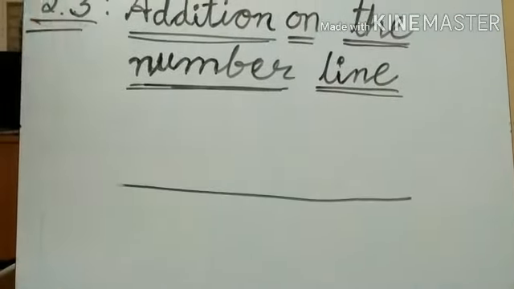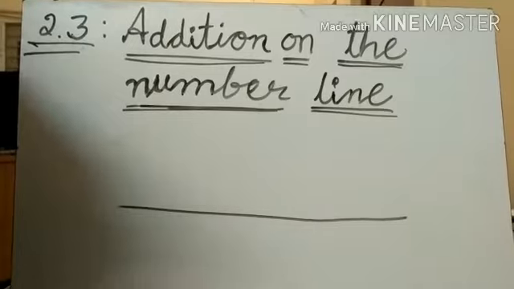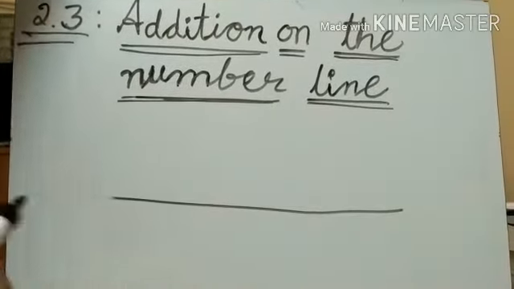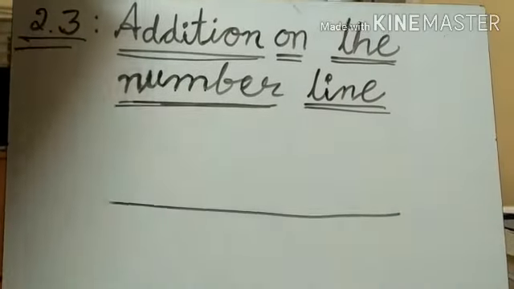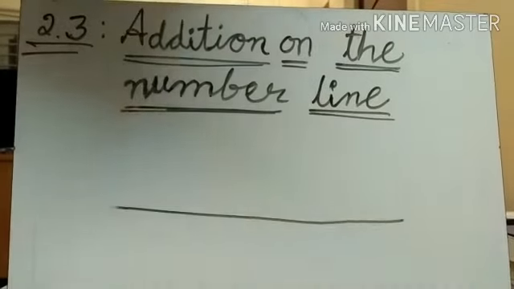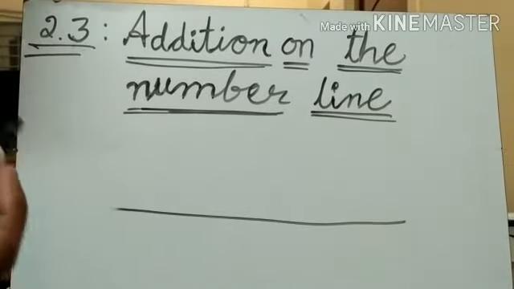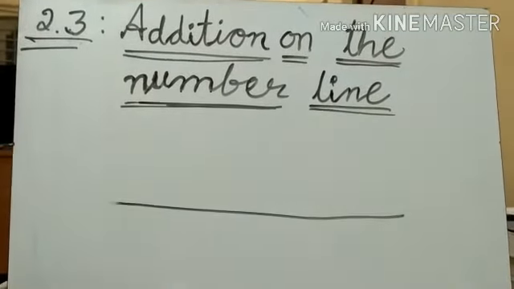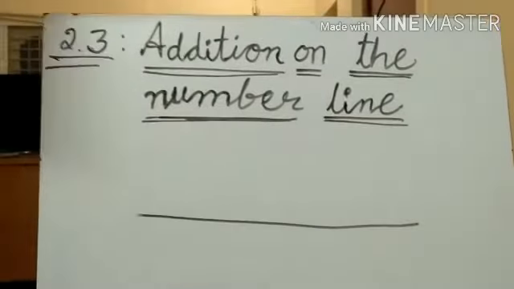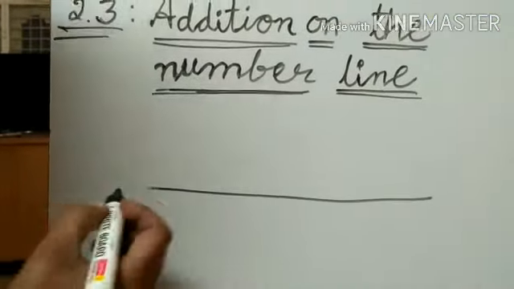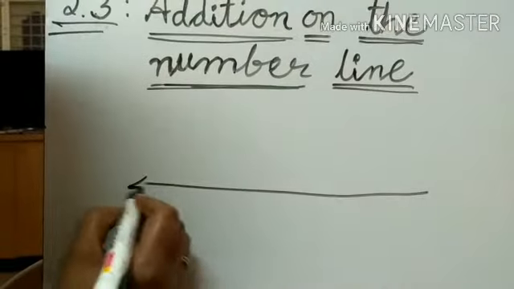What is this, children? Yes, this is a simple line. Now, if we write numbers at equal distances, that becomes a number line. Let us write.